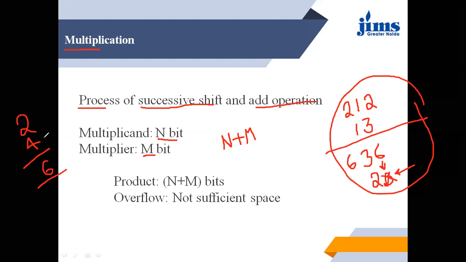First I will write a 4-bit number, that is suppose 1 1 1 1. This is a 4-bit number and I am going to multiply it with a 2-bit number.